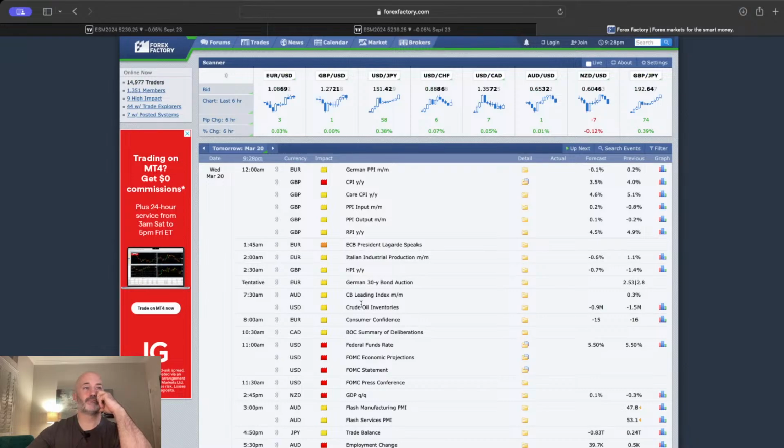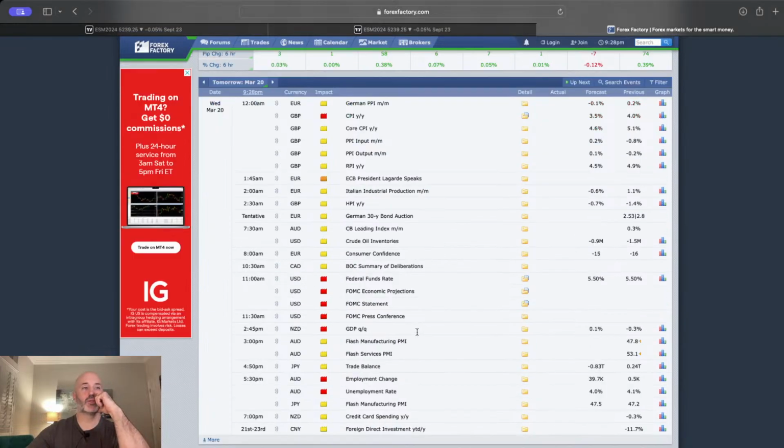Not much before that, so mediocre news, less impactful moves, but very impactful moves later. So we could see the market move not only in the first hour today, but also later on as we go on. All right, let's go back to Bookmap and we'll start just keeping an eye on the market. I'm not going to be talking the whole time.